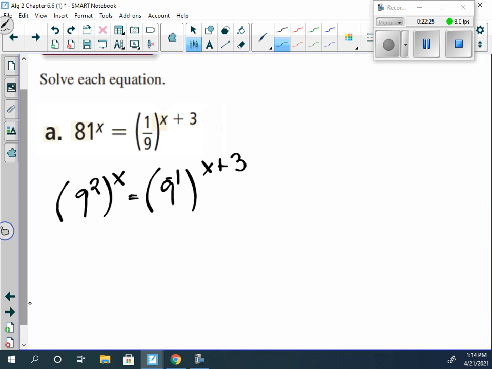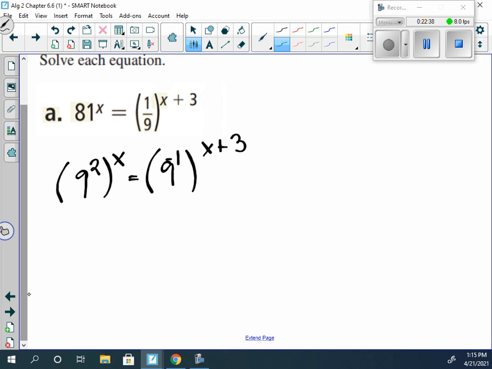For me to be able to move the 9 from the denominator to the numerator, we have to change the exponent from positive to negative. Now here powers and powers multiply, so we have 9 to the 2x is equal to 9 to the -x minus 3. Because we have to multiply x plus 3 by -1, which will change the sign of both.